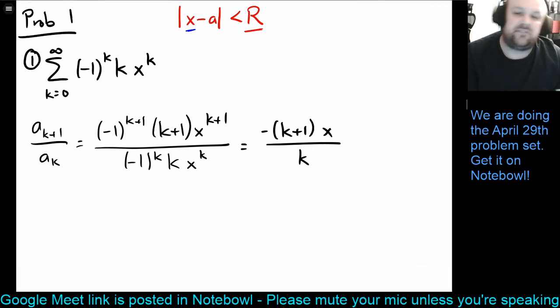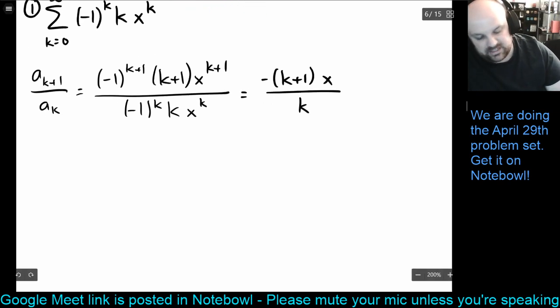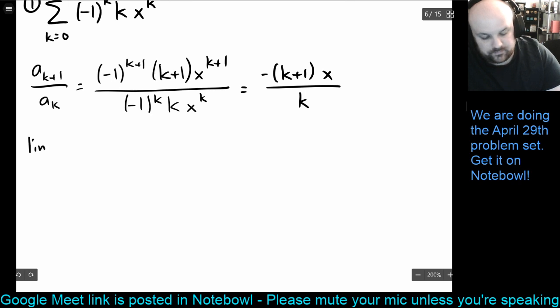That's what this will simplify to after all is said and done. Hopefully that's good. And once we've done that, now we just do our limit.